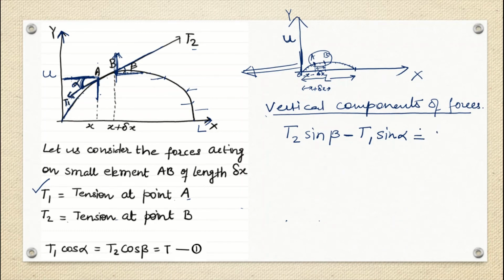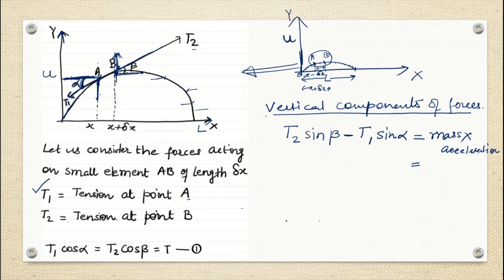And what is the force? By Newton's second law, we know that force is nothing but mass into acceleration. So what is mass into acceleration here? The mass we are considering is between x and x plus delta x.